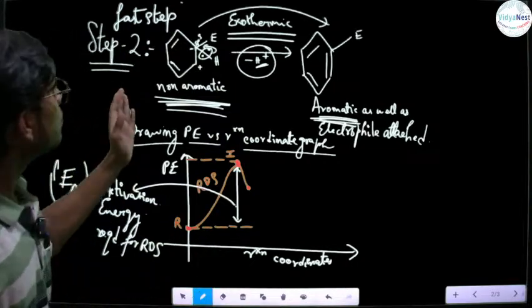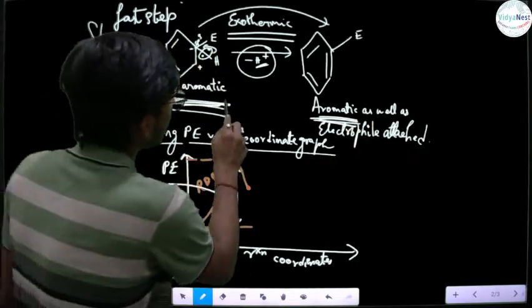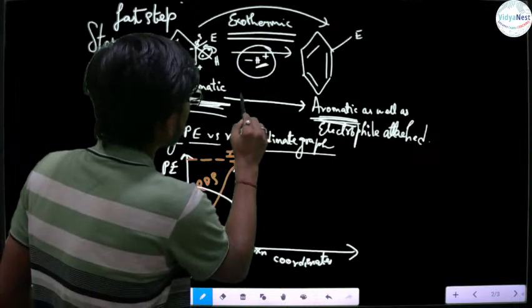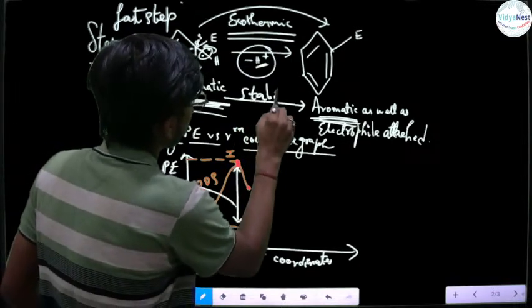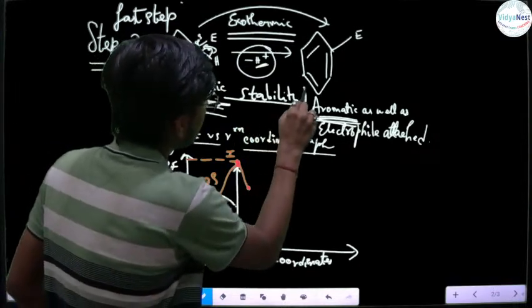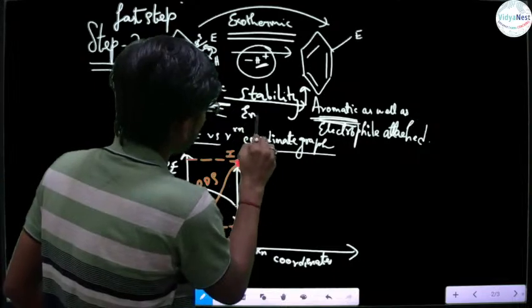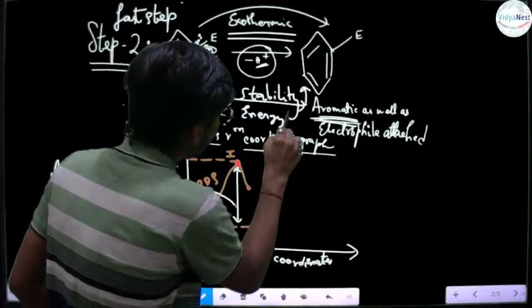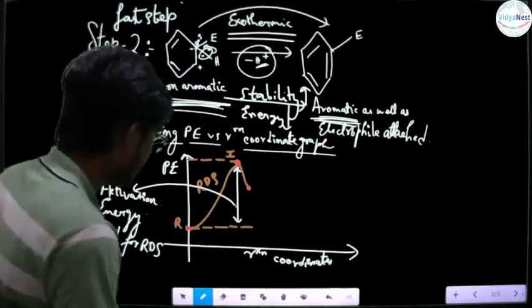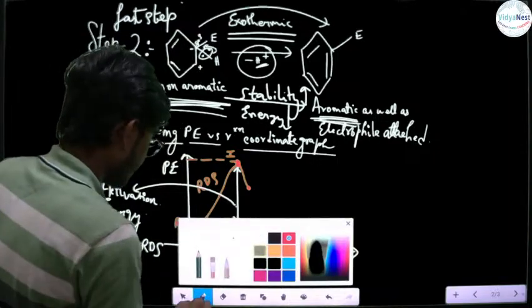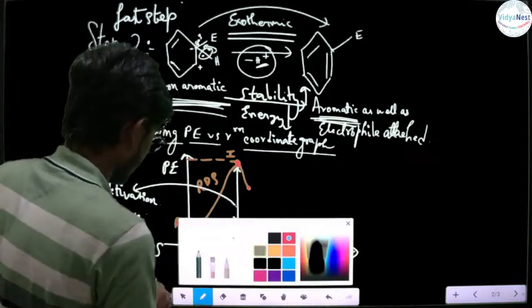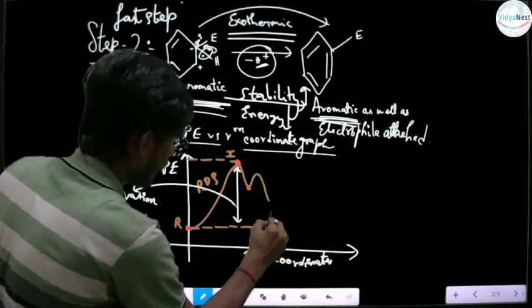So as we move from non-aromatic to aromatic, our stability is increasing, however our potential energy must be decreasing. So the energy is decreasing.